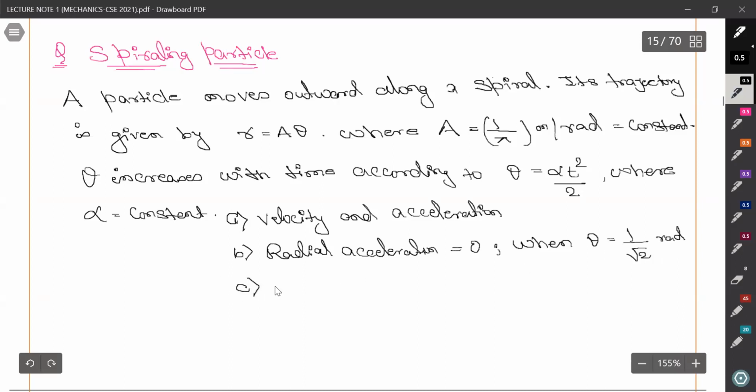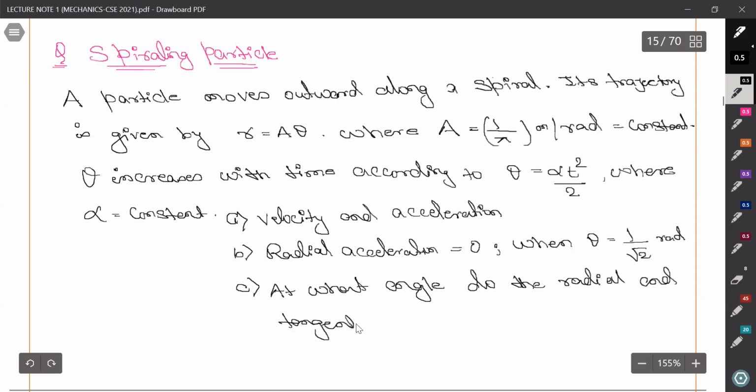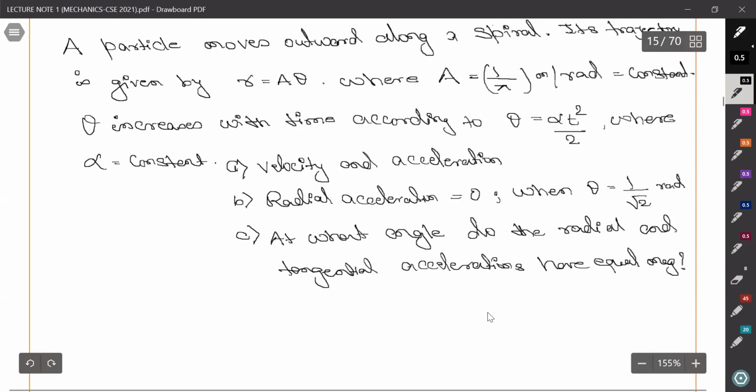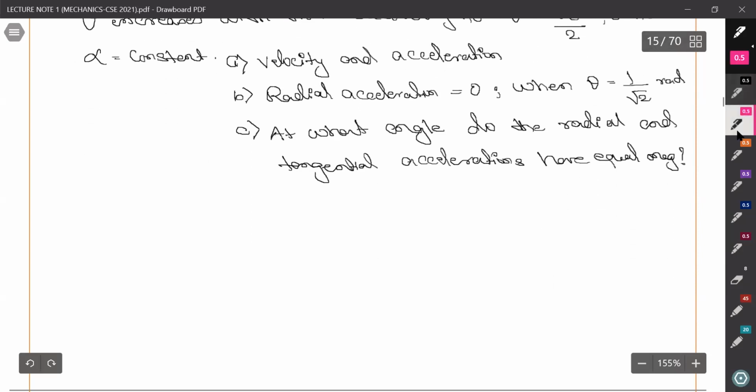And also, we need to find out at what angle the radial and tangential accelerations have equal magnitude. Okay. So why are we discussing or practicing so many problems? So that you become familiar with these terms and these equations.